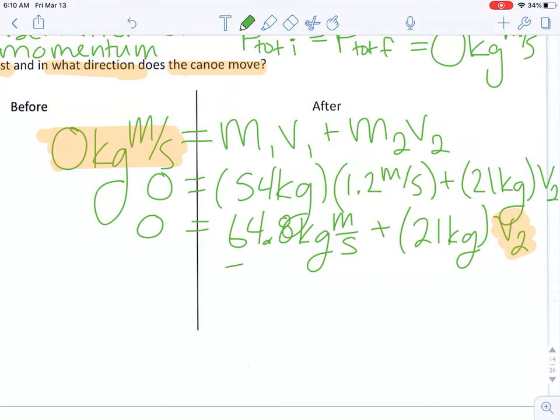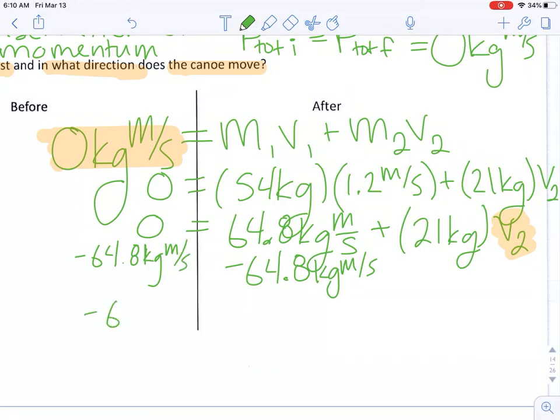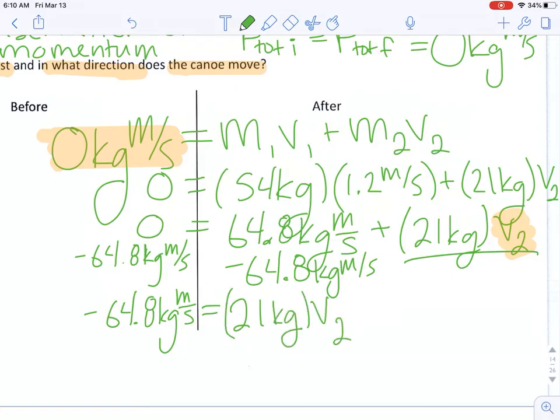And so I'm going to have to subtract my 64.8 to the other side. And so that gives me negative 64.8 kilograms times meters over seconds equals, I'm bringing this 21 V2 down, so I'll have 21 kilograms times V2.